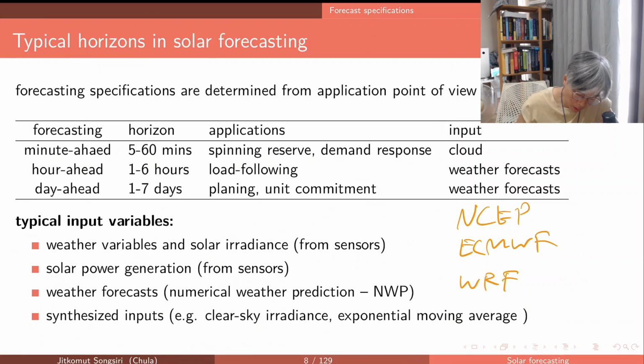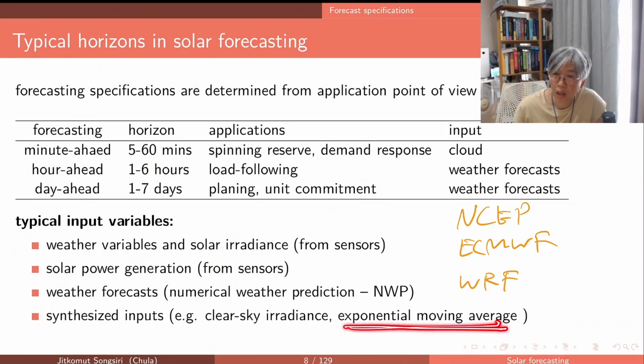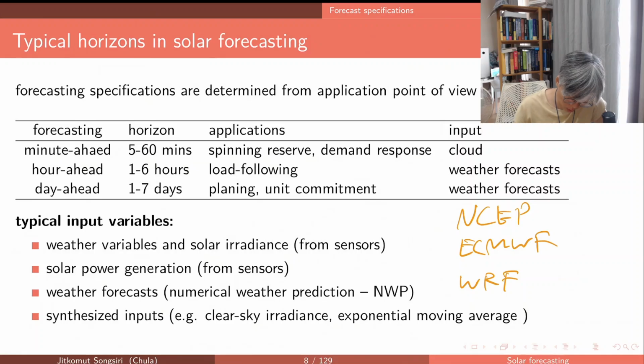People may also use moving average techniques in order to predict the trend of solar irradiance, whether classical moving average or exponential moving average. Essentially this is an autoregressive model, using the real value of solar irradiance as the input.